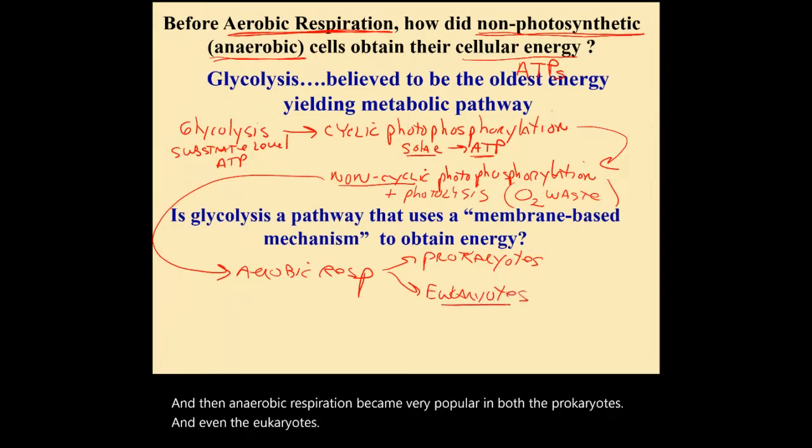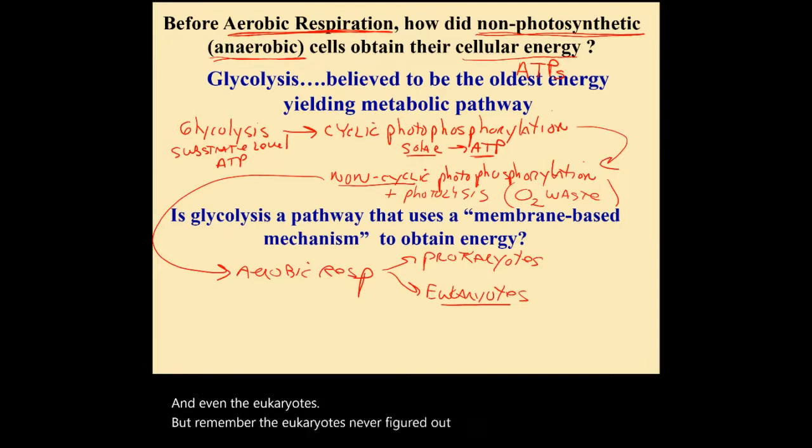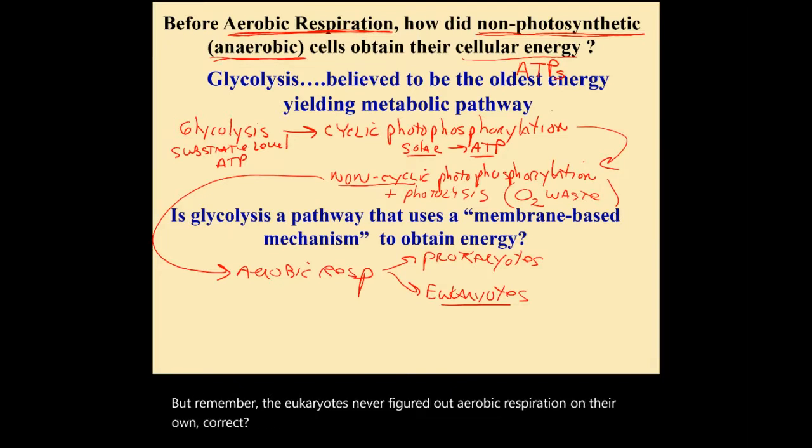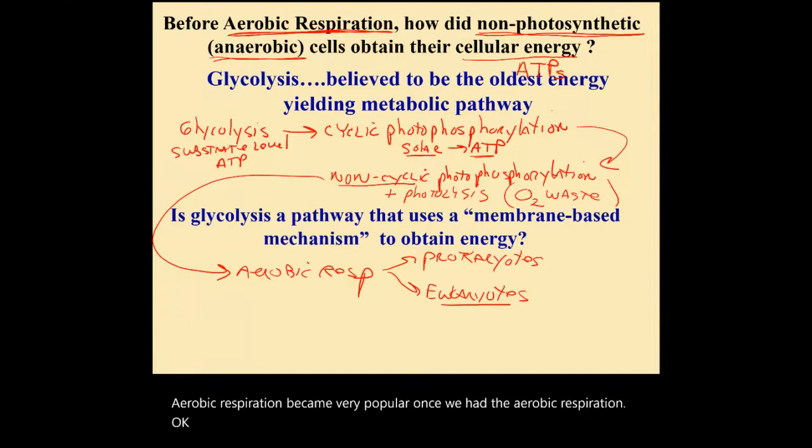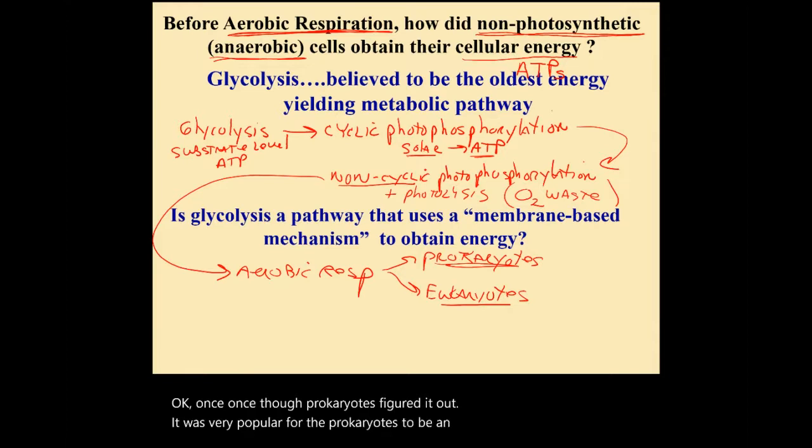But remember, the eukaryotes never figured out aerobic respiration on their own, correct? Once the prokaryotes figured it out, it was very popular for the prokaryotes to be an aerobic prokaryote, right?